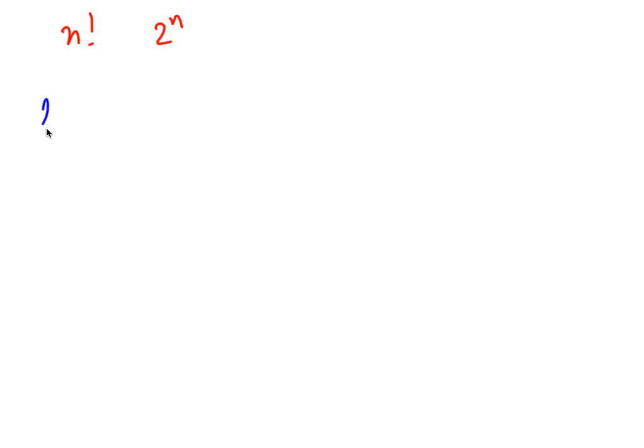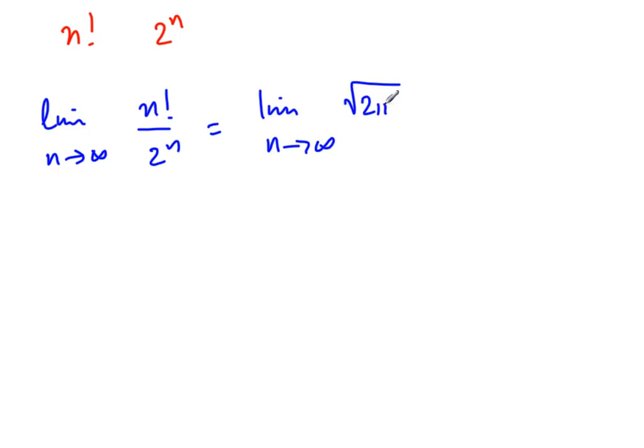But we can actually differentiate these to some extent from each other by saying that in the limit, if I look at n factorial by 2 to the n, now these are kind of different types of functions, so I can use what's called Stirling's formula and approximate the value of n factorial as square root of 2 pi n times n by e raised to n. So the numerator I've used what is called Stirling's formula.